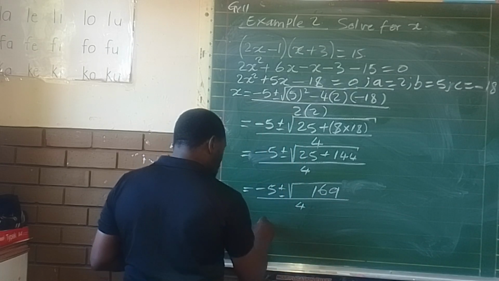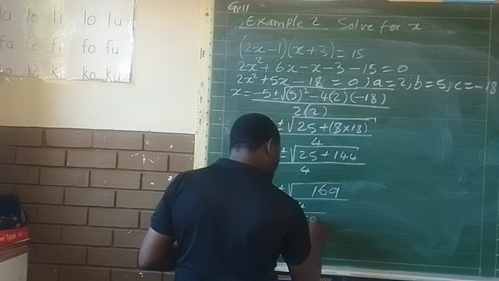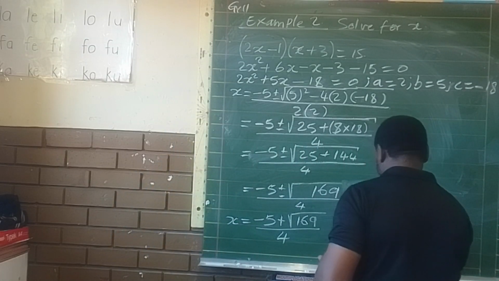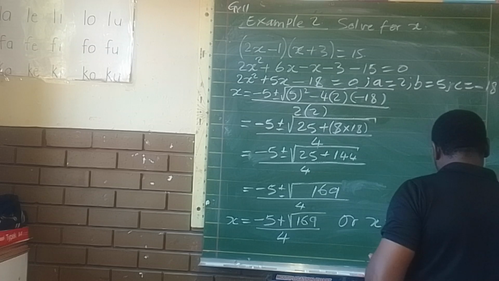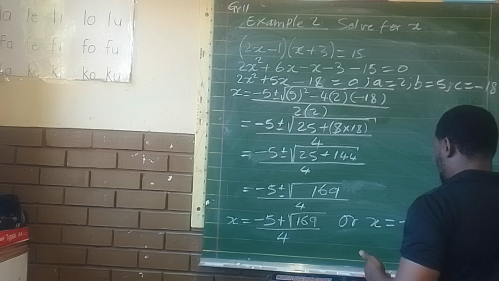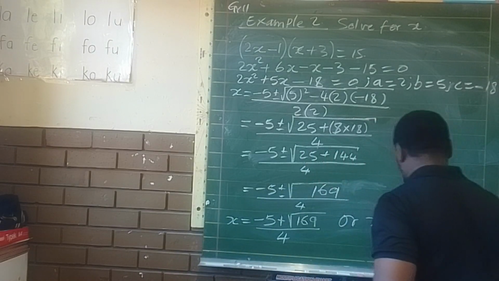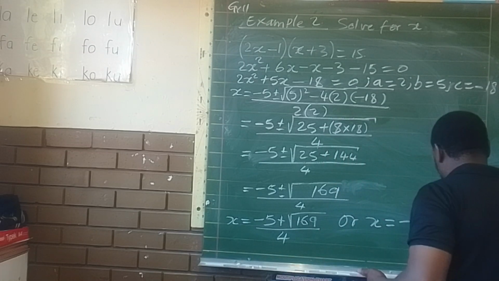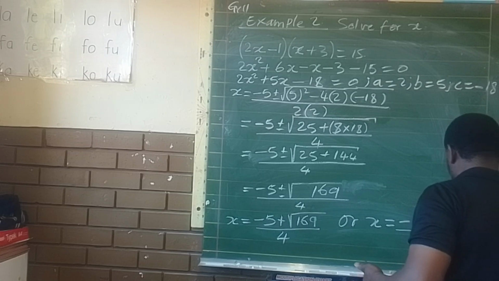Then x is equals to minus 5 plus the square root of 169 divided by 4, or x is equals to minus 5 minus the square root of 169 all divided by 4.